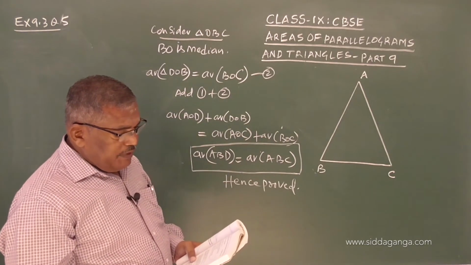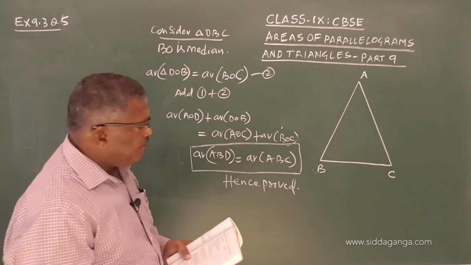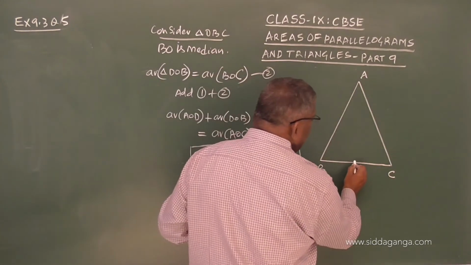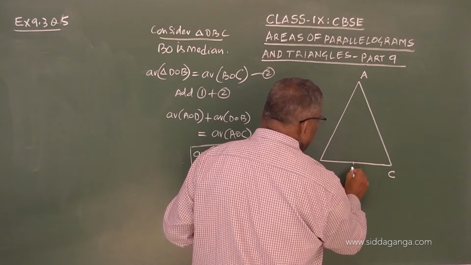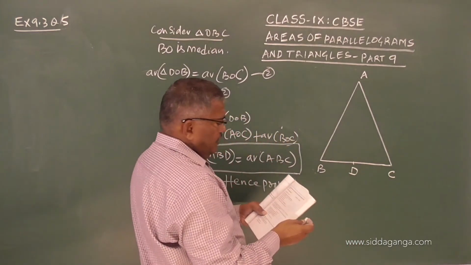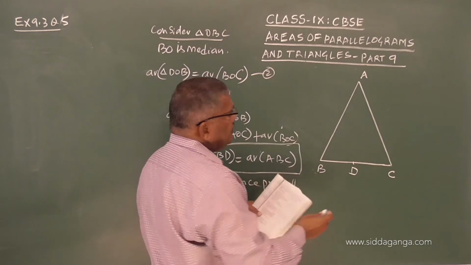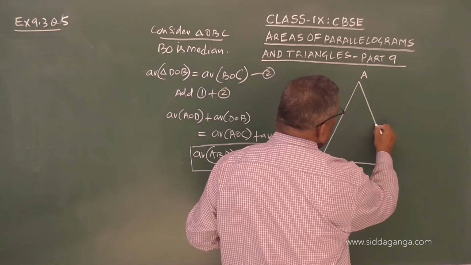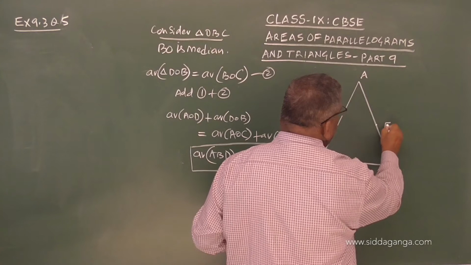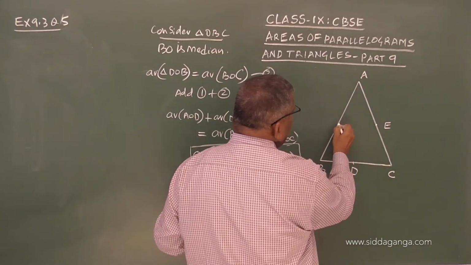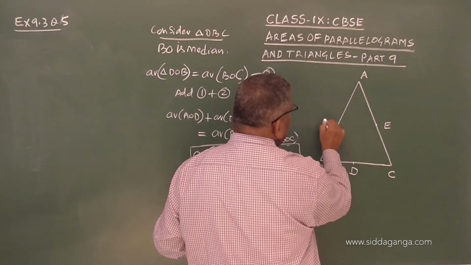D, E, F are respectively midpoints of BC, CA and AB. BC midpoint is D. E is the midpoint of CA. This is E and the midpoint of this is F.